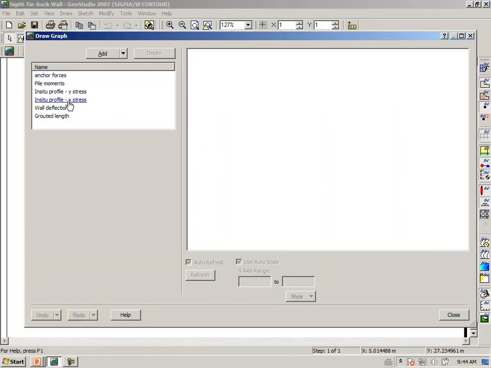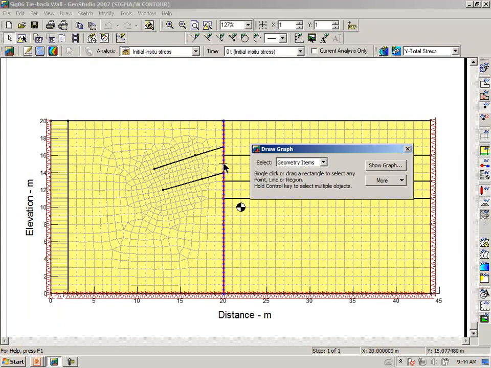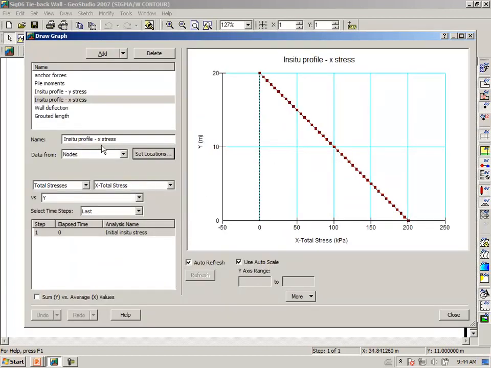In situ profile in the X direction. We are looking along this line here, and we see that our lateral horizontal stress is a linear line from the ground surface down to the base of the problem where the total stress is 200 kPa.